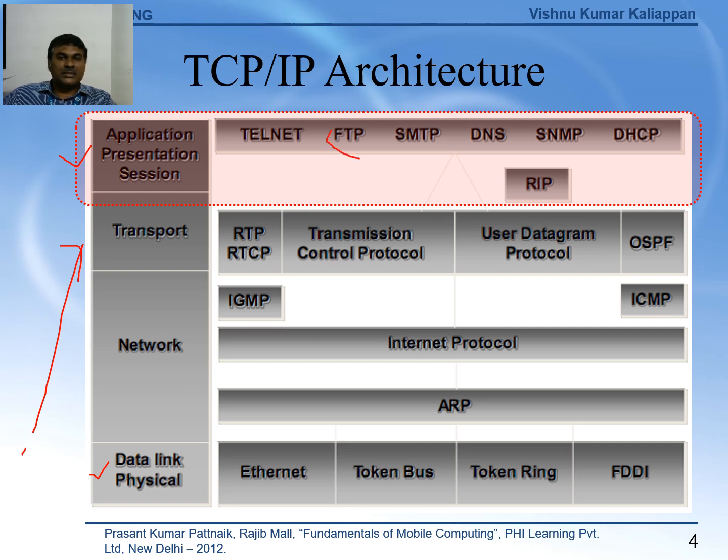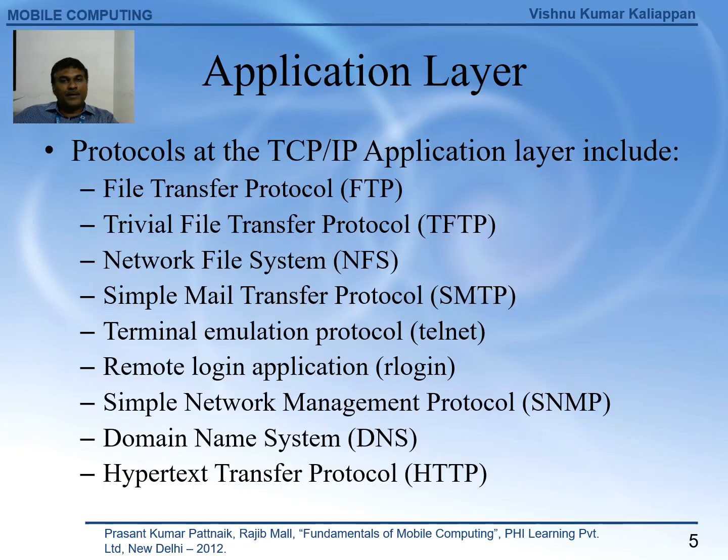For example, FTP, file transfer protocol, and the entire flow from top to bottom with respect to the application layer. Like that, voice, Telnet, SMTP, DNS, SNMP, DHCP, RIP. These are all example applications running on top of the application layer, protocols like file transfer FTP, as I said in the previous slide.